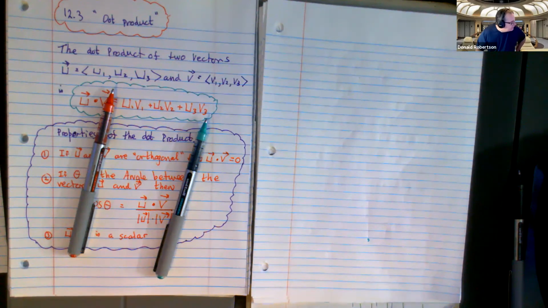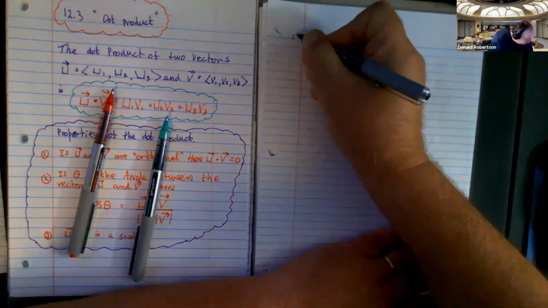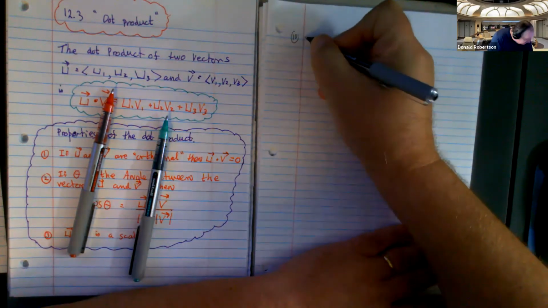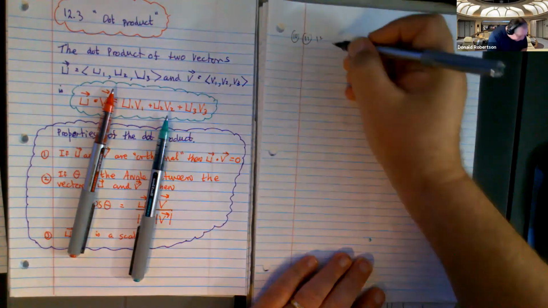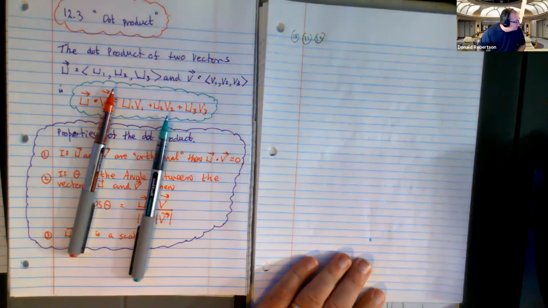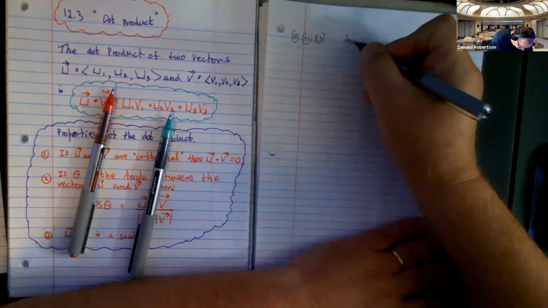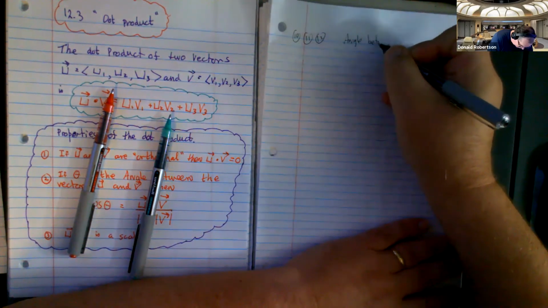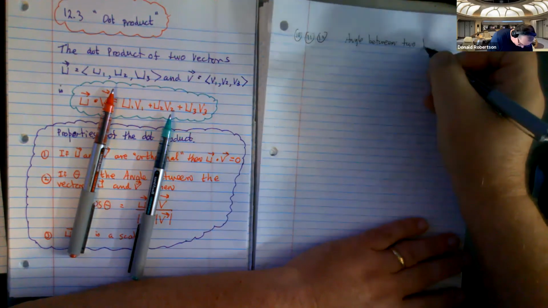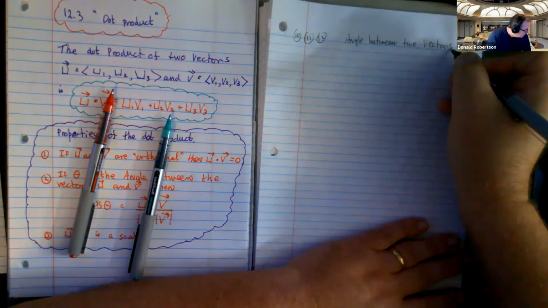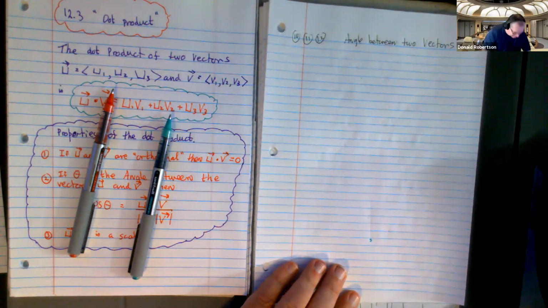Now we're moving into a kind of skill building set of questions. Let's do these three, and we're going to find the angle between two vectors. I'll pick a version of 11.